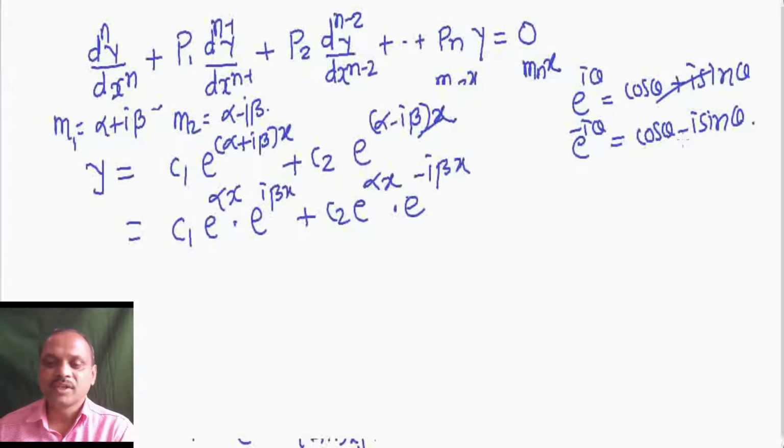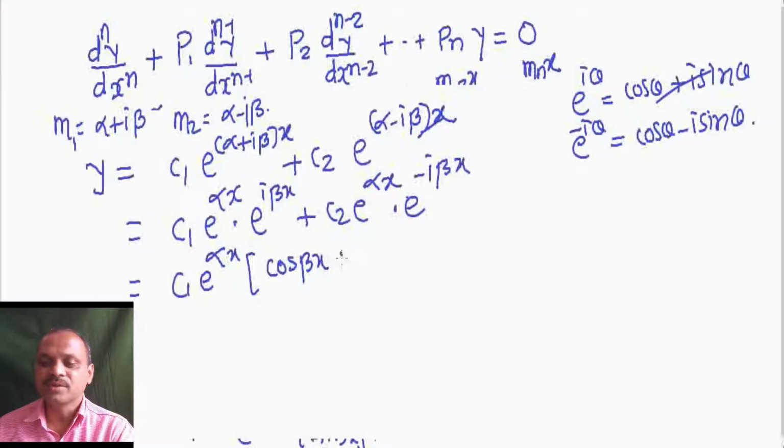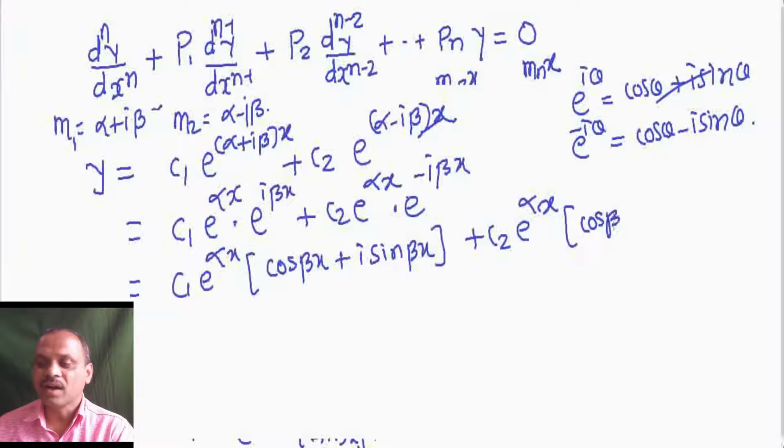So we put in Euler's formulas: c1 e^(alpha x) into cos of beta x plus i sine of beta x, plus c2 e^(alpha x) into cos of beta x minus i sine of beta x.